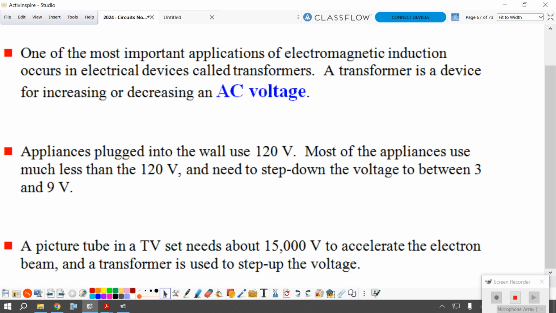So let's just think about this for a second. Do you know where we get most of our power here in Northern Virginia? Where do we get the power plant that gives us most of our energy?